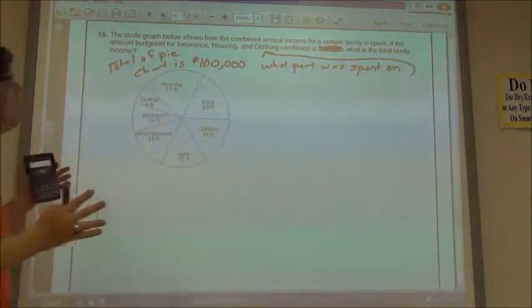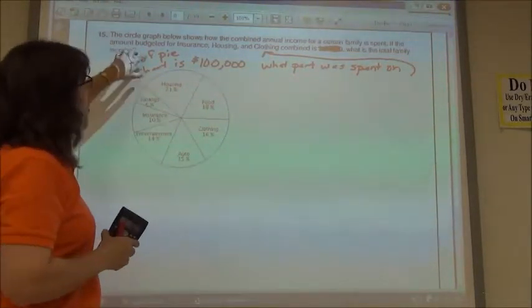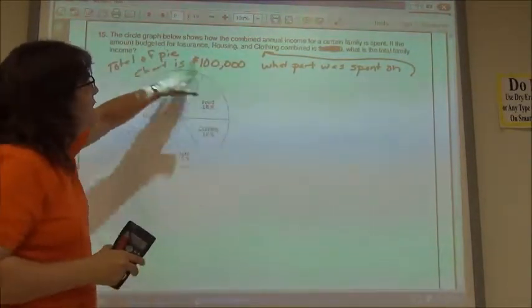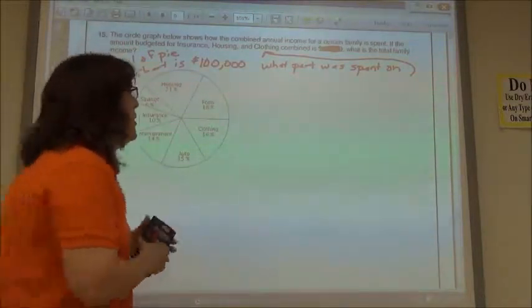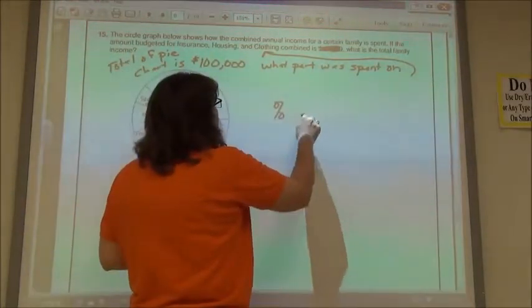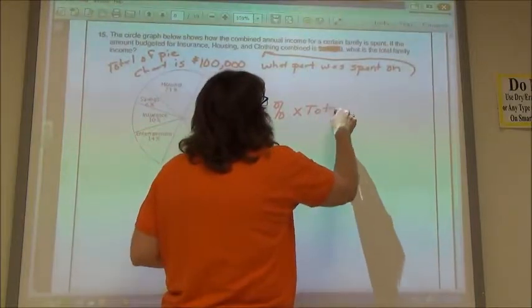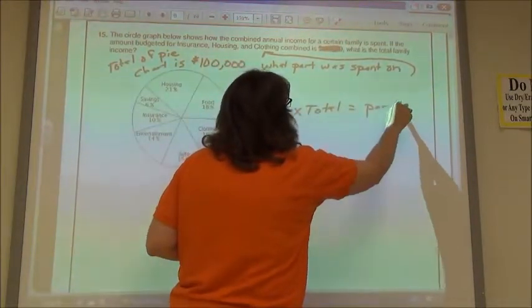So if it's worded this way, where you know what the total amount is and you're just trying to find part of the circle, we think about the formula. Percent times the total equals the part.